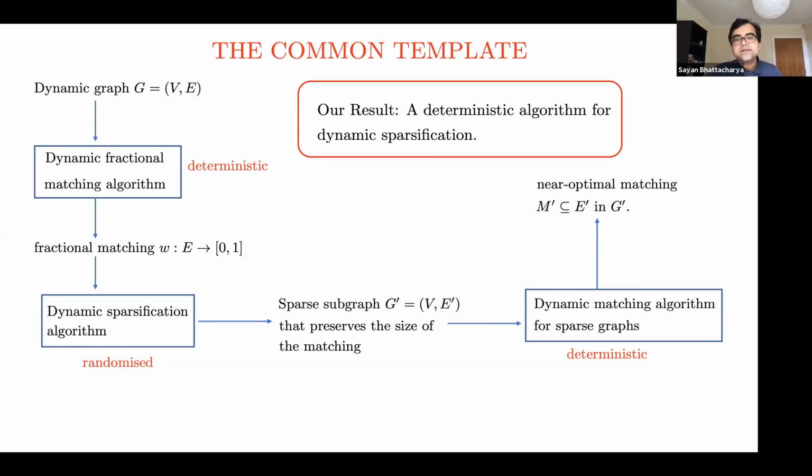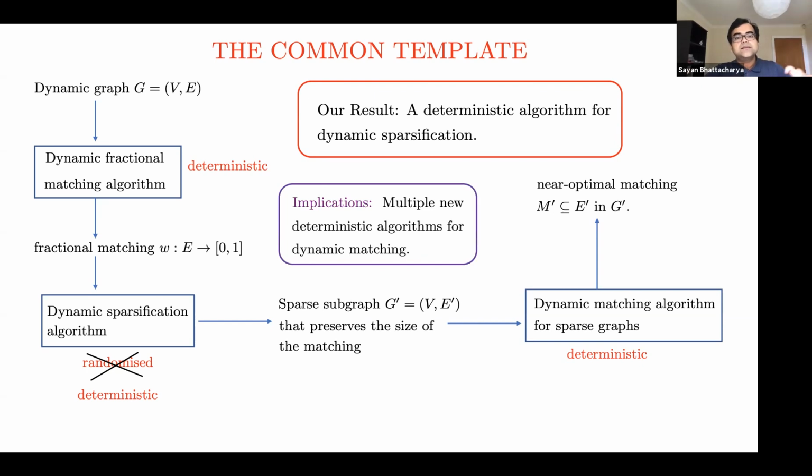So we give a deterministic algorithm for dynamic sparsification. And that means that this second step now can be done in a deterministic manner. And as a result, all these three steps are now deterministic. And as an immediate corollary, we get multiple new deterministic algorithms for dynamic matching.